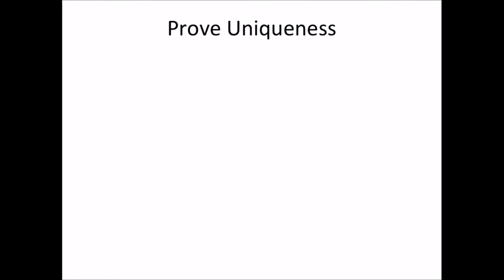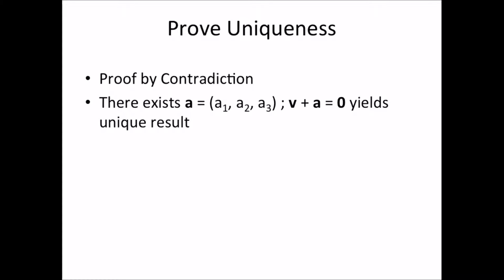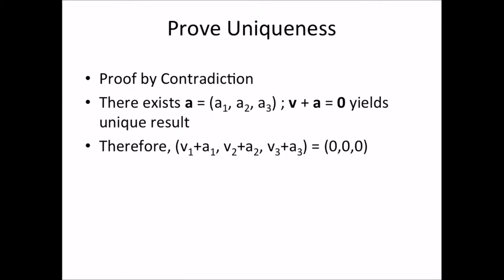Therefore, when we combine it back into one point, we see that point x equals negative v1, negative v2, and negative v3. Now, to prove uniqueness, we're going to do a proof by contradiction. Let's say that there exists a point A such that when added to v, we get a unique result for A. So point V plus point A equals the origin, and A is unique. Therefore, similarly to our last step, we see that V1 plus A1, V2 plus A2, V3 plus A3 equals 0, 0, 0.